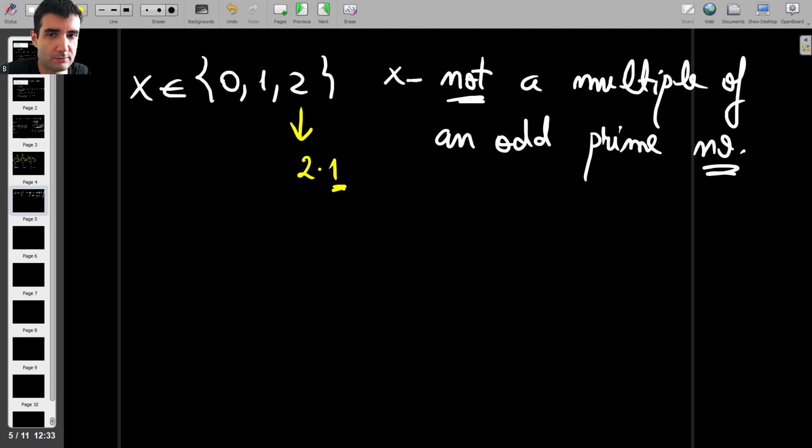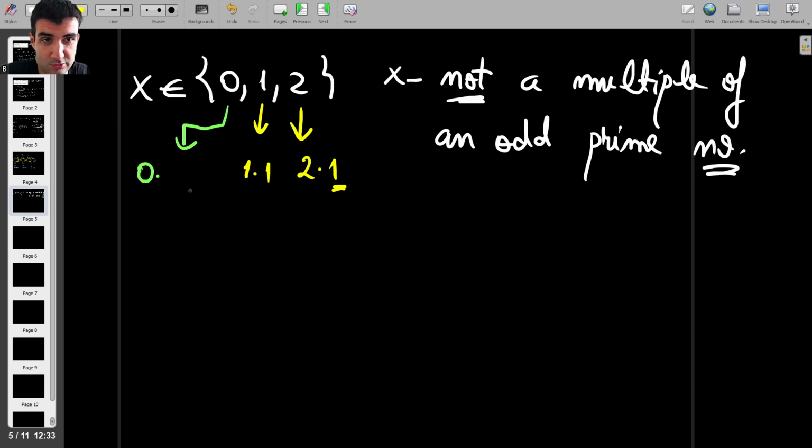So yeah, 2 would make E to be correct. And then if we look at 1, yeah, this is also not a multiple of an odd prime number, right? This is just 1 times 1, but 1 is not a prime number, so there's that. 0, on the other hand, well, 0 is a multiple of an odd prime number because 0 is a multiple of anything, right?